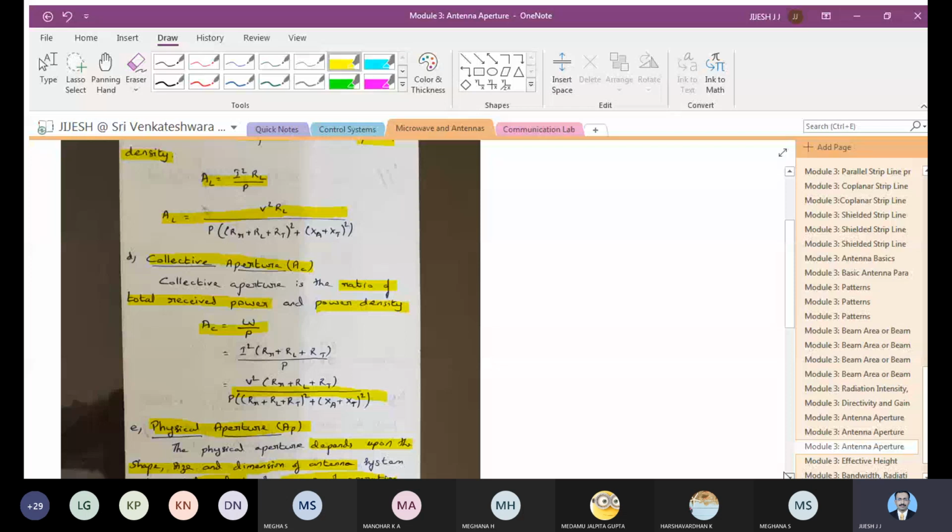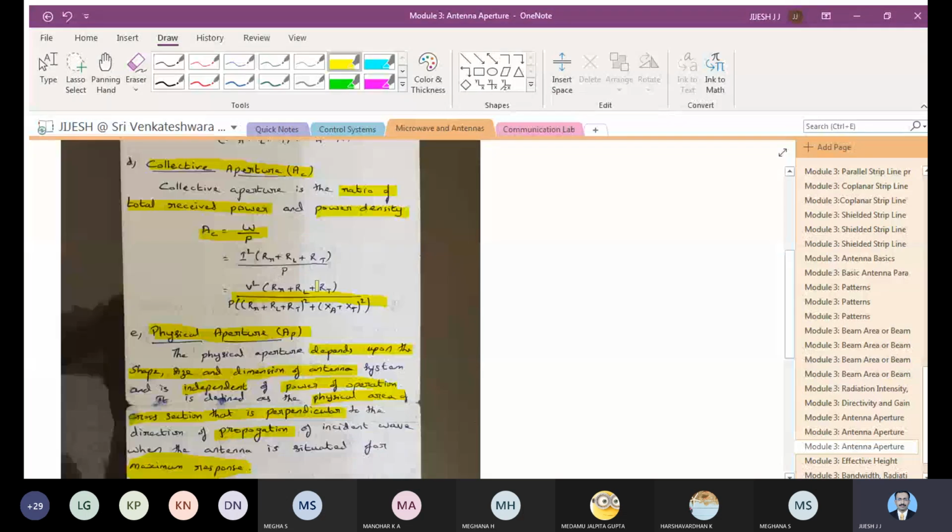It is the ratio of total received power and the power density, that is W by P. When you go with the equation, you have to take RR plus RL plus RT all together, V square into RR collective, divided by P into (RR plus RL plus RT) whole square plus (XA plus XT) whole square.